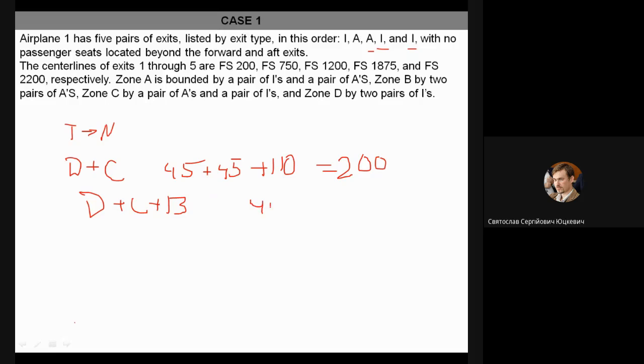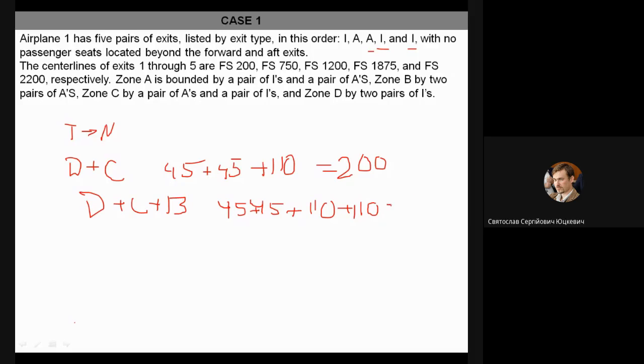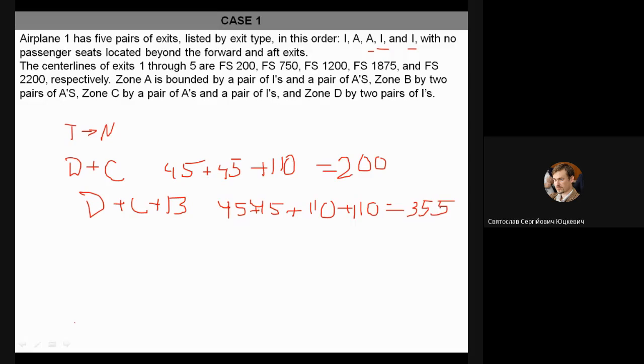It will be 45 plus 110 plus 110, sorry, I missed something, 45. Oh, sorry, 310.